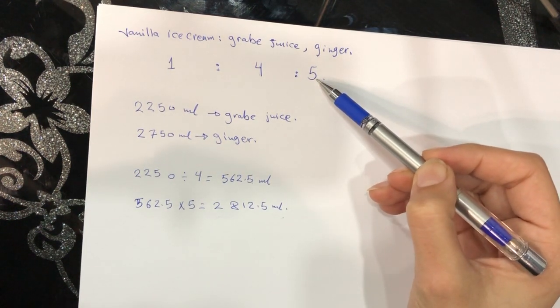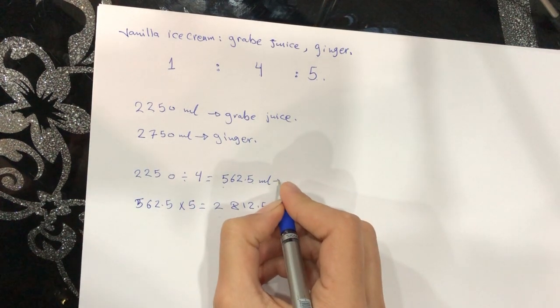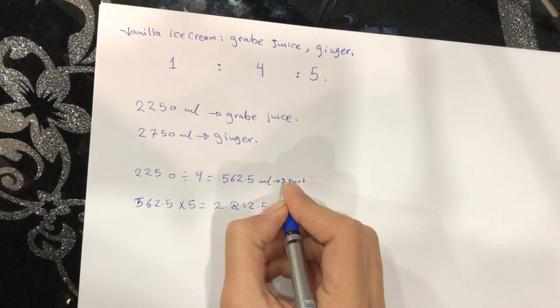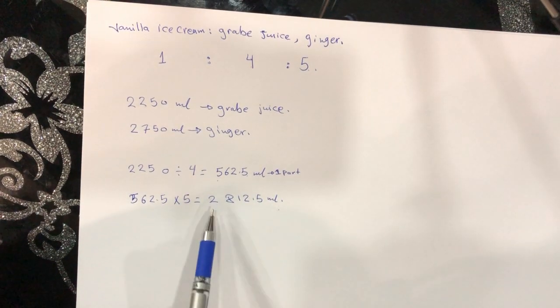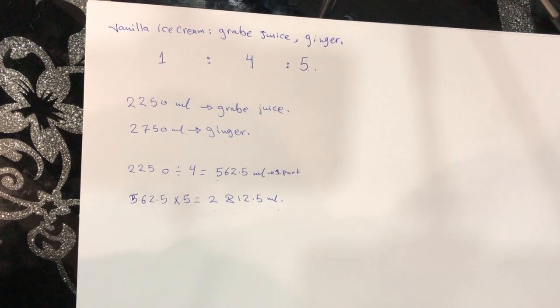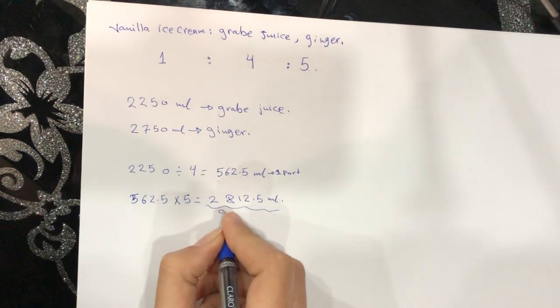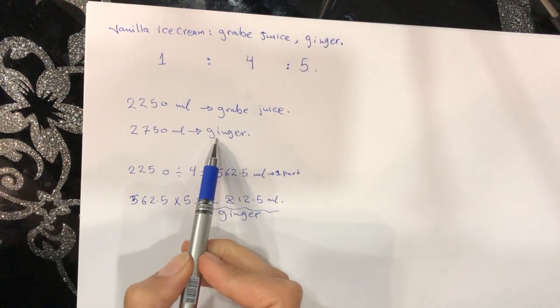I have 5 parts of ginger multiplied by 1 part or 1 unit, it gave me 2,812.5. Does she have this amount of ginger? Can she use it? No, she does not.